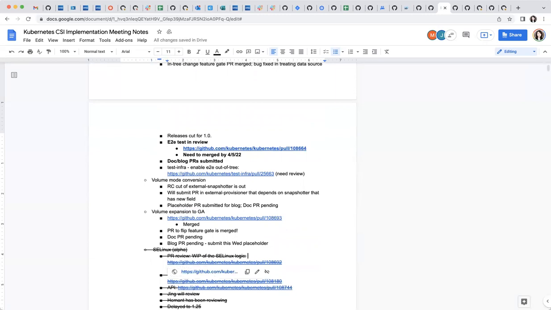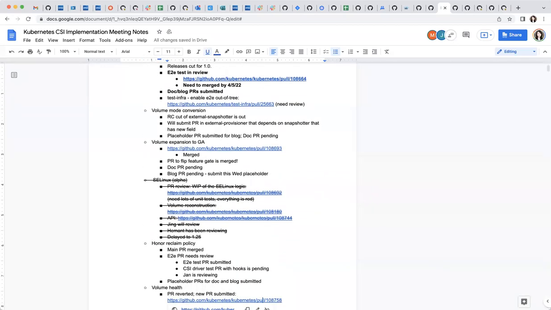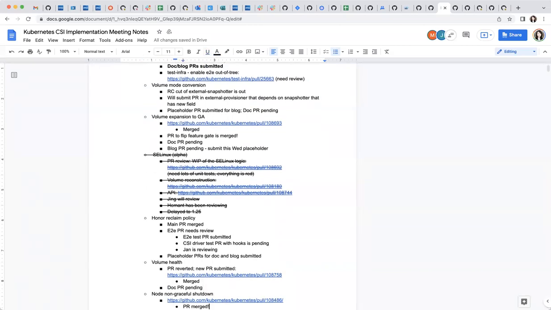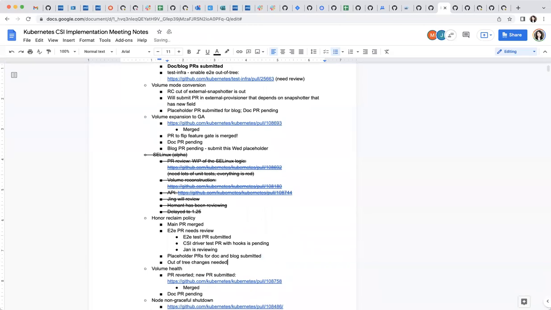So we don't really have a feature gate in the resizer itself, right? Because we only have that for external provisioner, which has some feature gates. Okay, that's not part of that. All right, so this one I think has some out-of-tree change. There is a PR already submitted, I think.